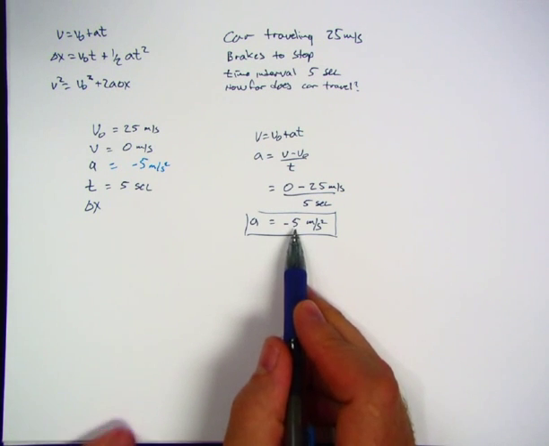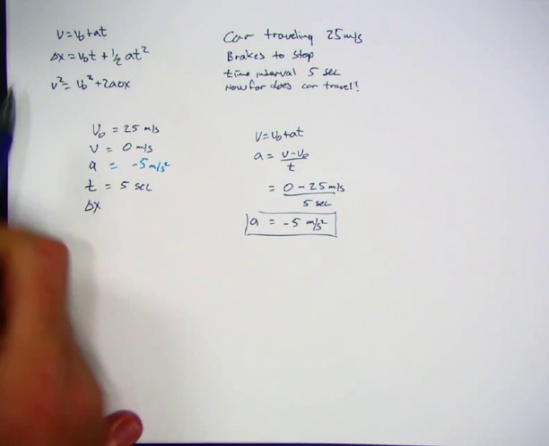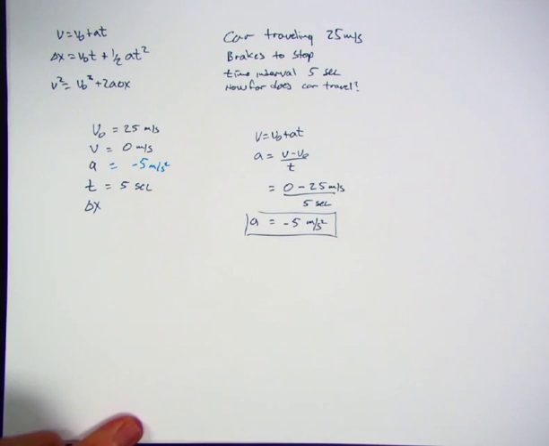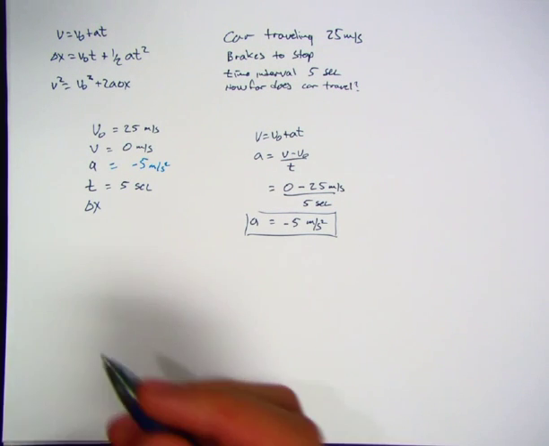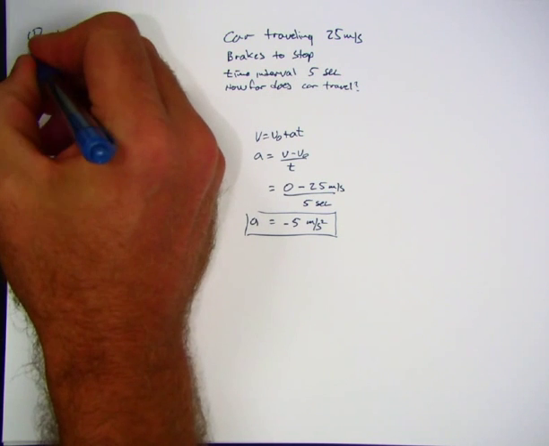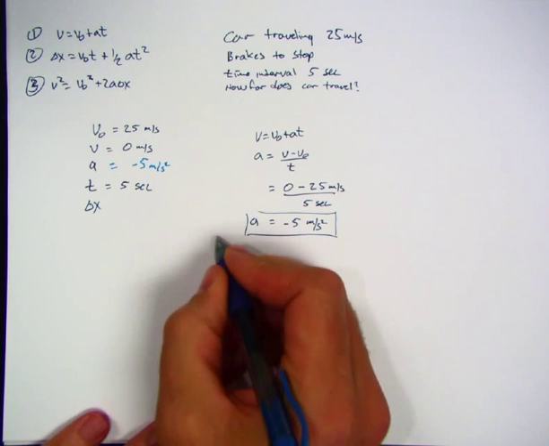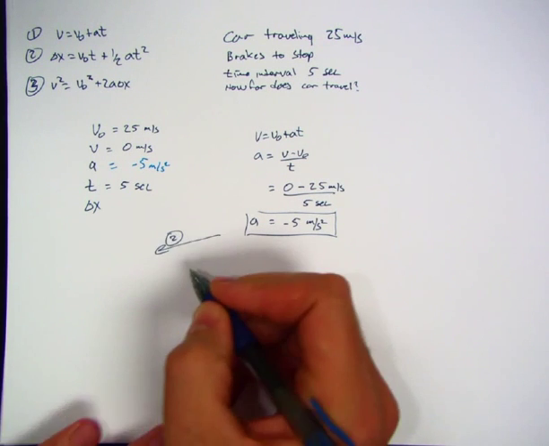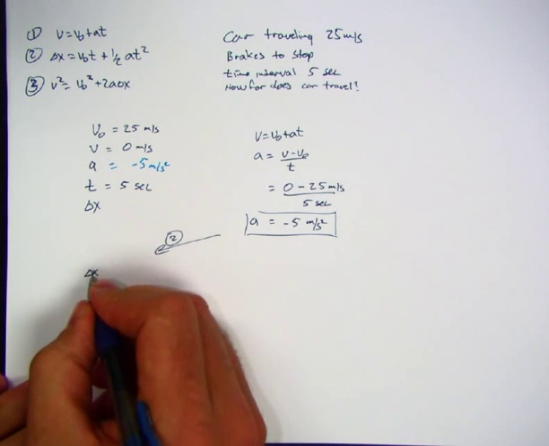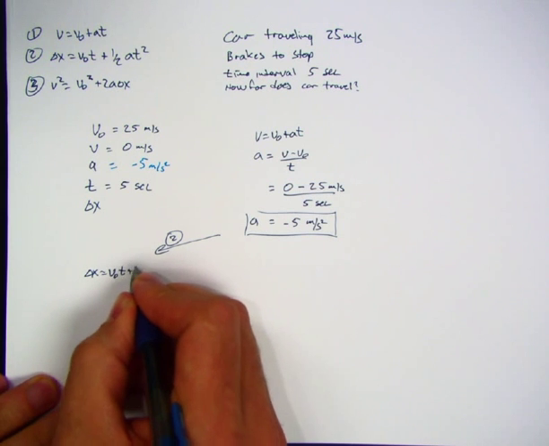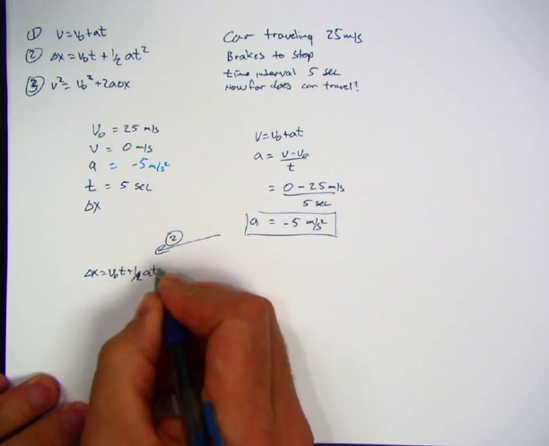So now I want delta x, and I know that equations 2 and 3 both have delta x, so it doesn't matter which one I use. Let's just use them both and see what happens. If I use equation 2, delta x equals v0t plus 1/2 at squared.